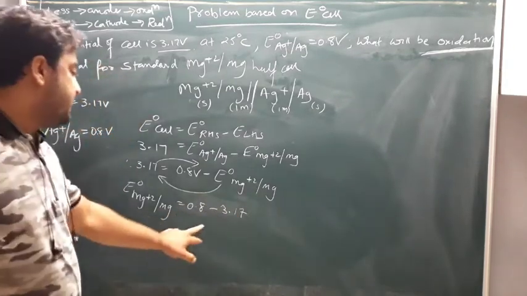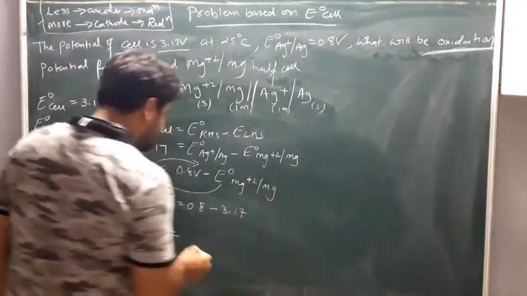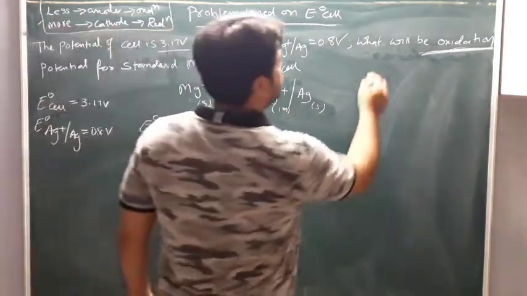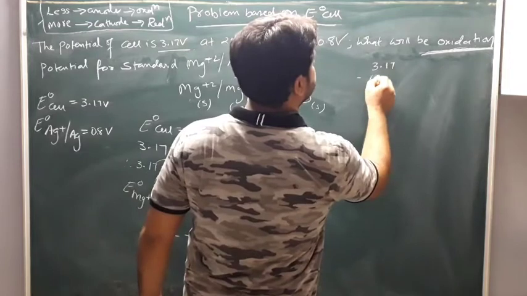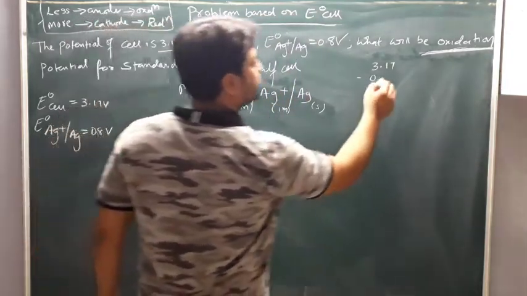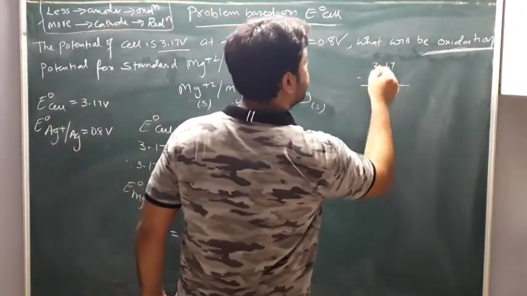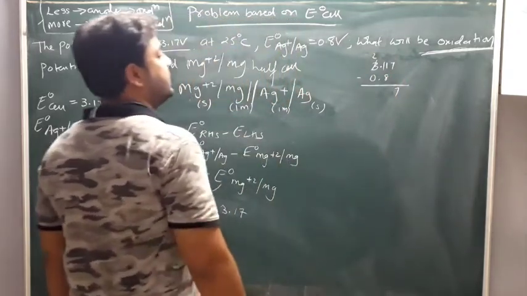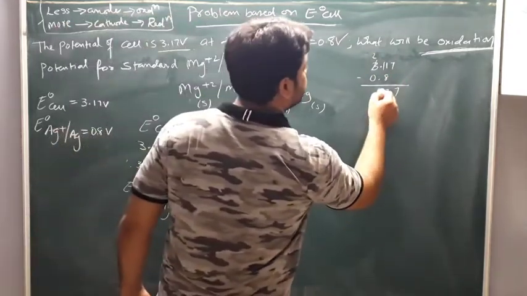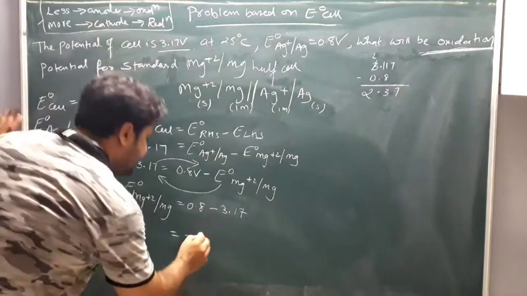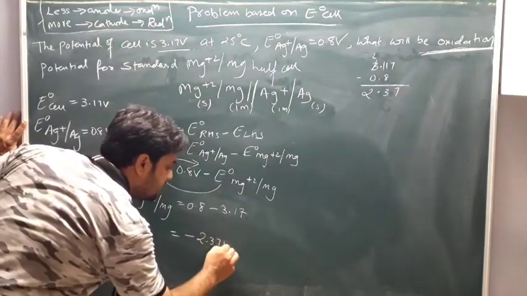Now you know plus minus minus, so the bigger number's sign will be the answer's sign, and the answer will come negative. So 3.17 minus 0.8: 11 minus 8 means 3, so 2.37. So the answer will be minus 2.37 volt.